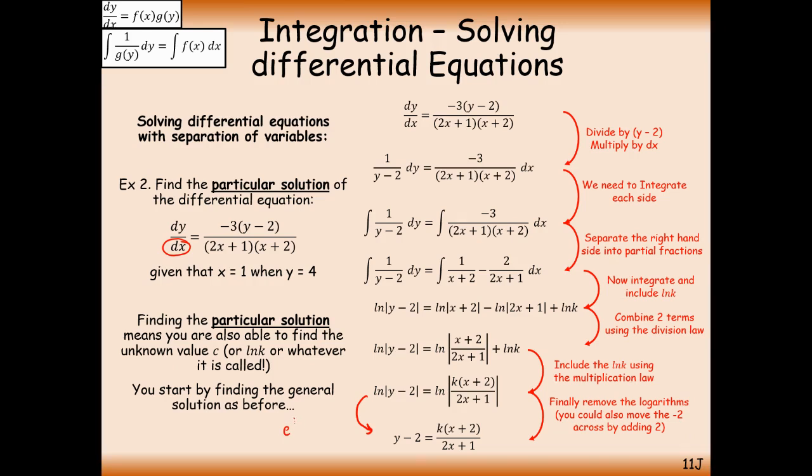And as I explained, e to the power of f of x plus c means that e to the power of c here is multiplied by e to the power of f of x.